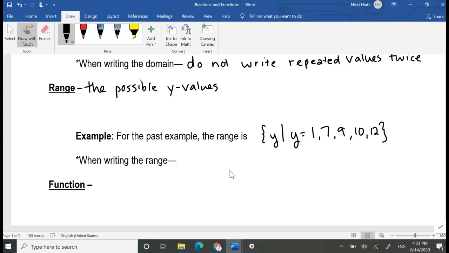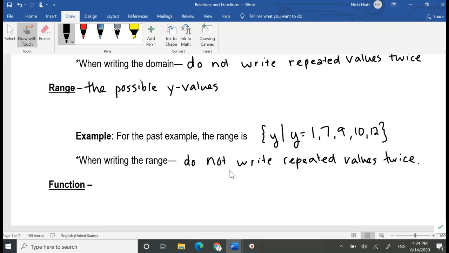Now, it did not become an issue for this particular problem, but when we are writing the range, we also do not write repeated values twice. Okay?